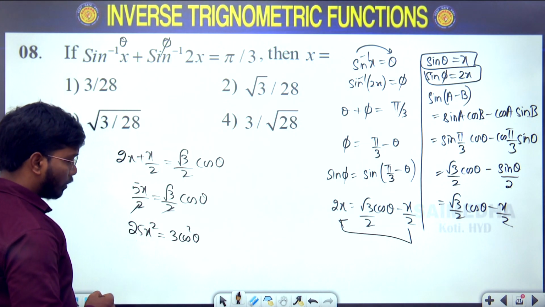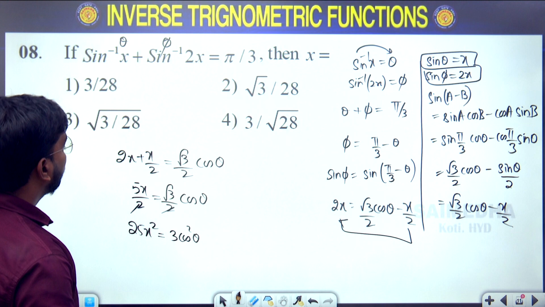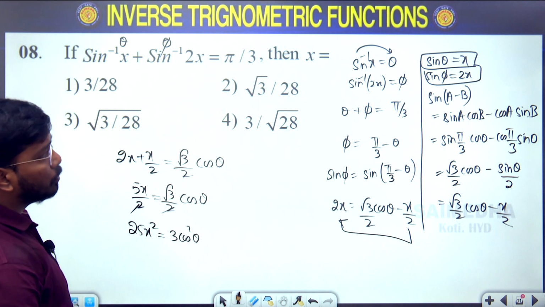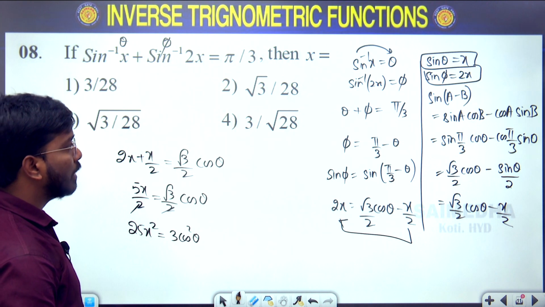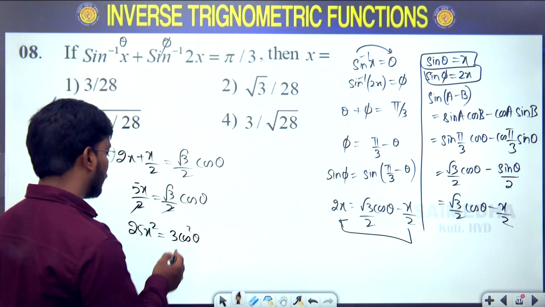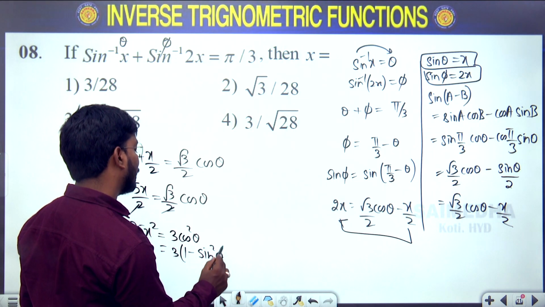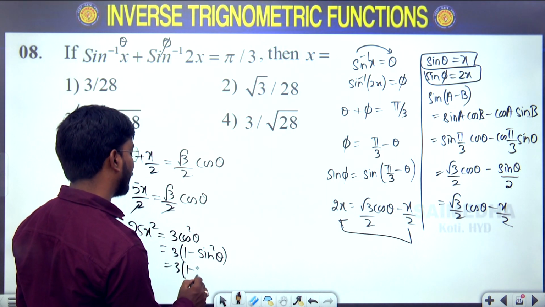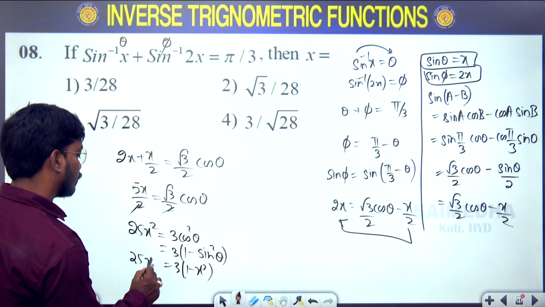Okay. So what do we require here? We require the value of x. So if we substitute sin theta is equal to x, then cos square theta will become 1 minus sin square theta, right? So cos square theta can be written as 1 minus sin square theta. This is going to become 3 into 1 minus x square, that is 25x square.